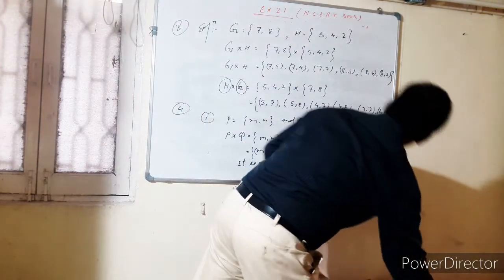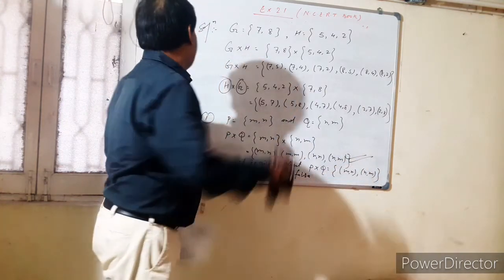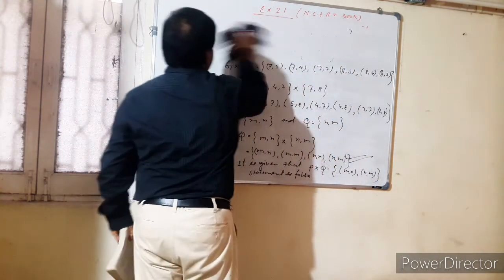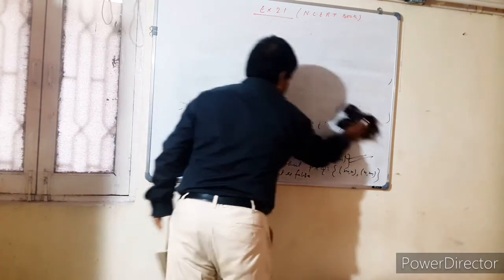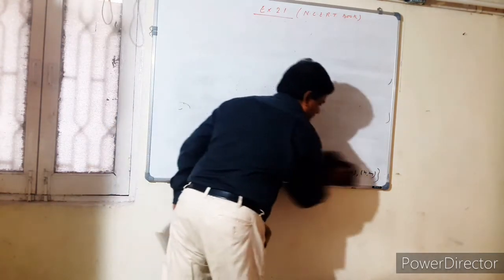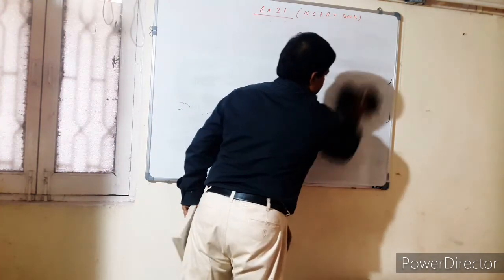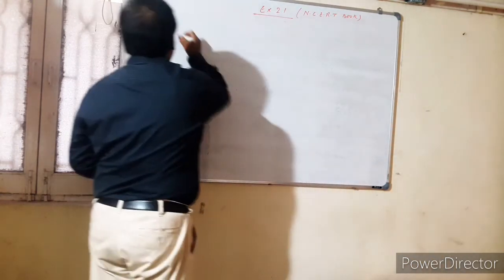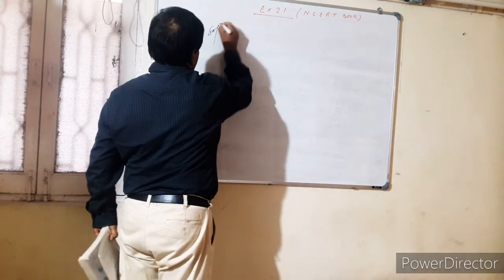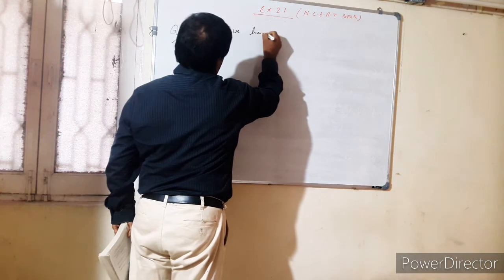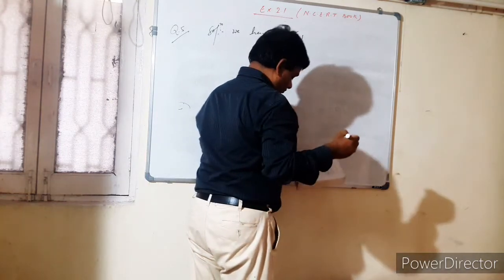Similarly here, question number 5. See here, if A equal to -1, 1, so solution we have A equal to -1, 1.